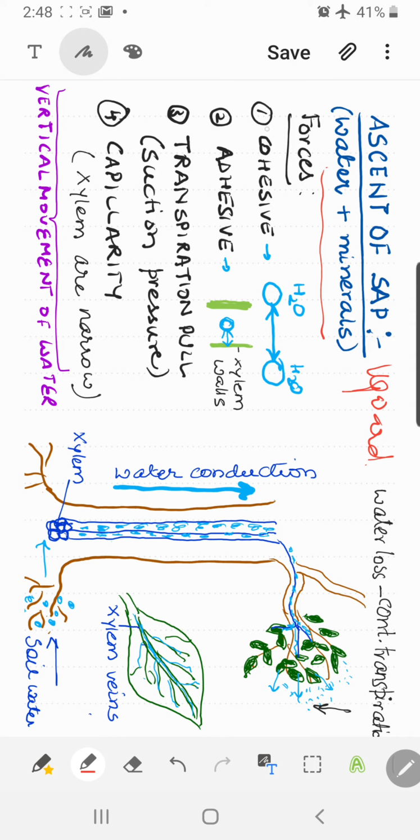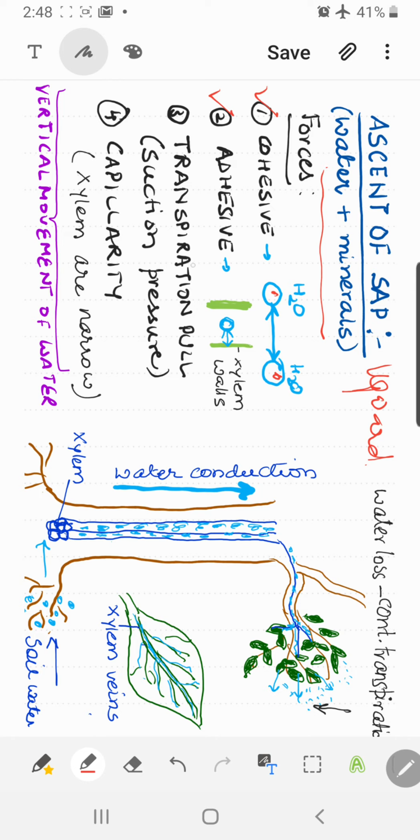Right? What are these forces? The first one here is cohesive force. You people are science students, so you must be knowing cohesive force is the force of attraction between two water molecules. Whenever water is running along a channel, the water molecules will tend to stay intact because of the force of attraction between them. The second one is adhesive force.